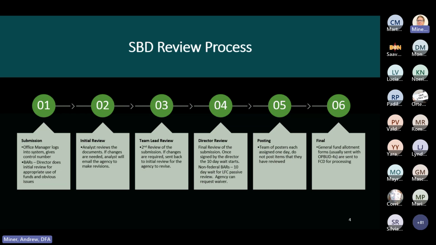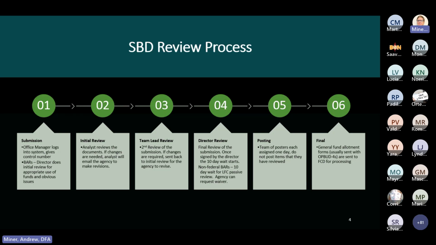Next, just to pull back the curtain a little bit, let me tell you how these documents are reviewed within SBD after you submit them. You see the steps outlined here. Number one on the left is what we just talked about, where the office manager logs it into our system and gives it a control number.